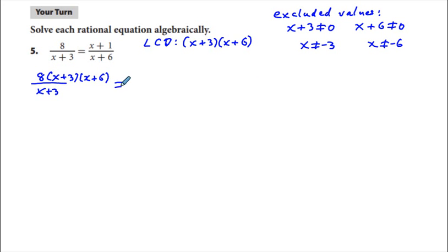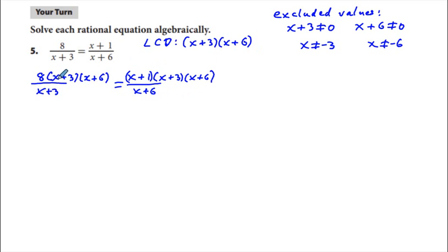On the right side of the equation, we have x plus 1 over x plus 6, and we multiply by the least common denominator, quantity x plus 3 times quantity x plus 6. If we've applied the least common denominator properly, we're going to be able to cancel out everything in the denominator and have an easier equation by far to solve.